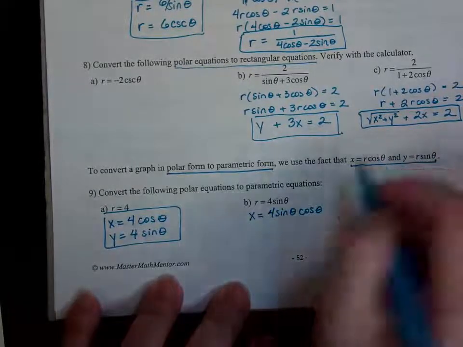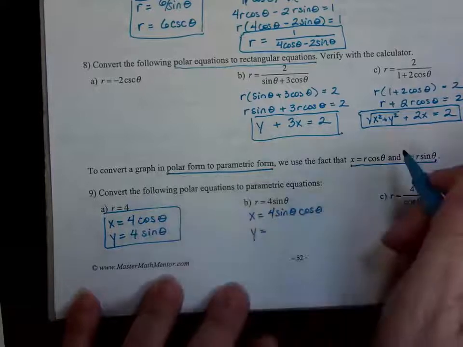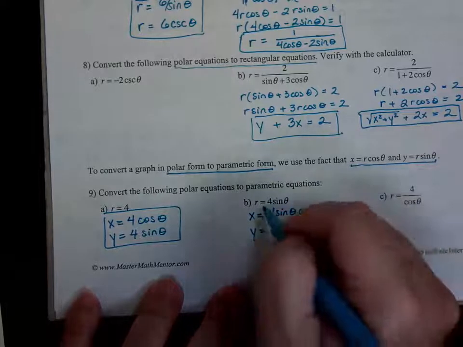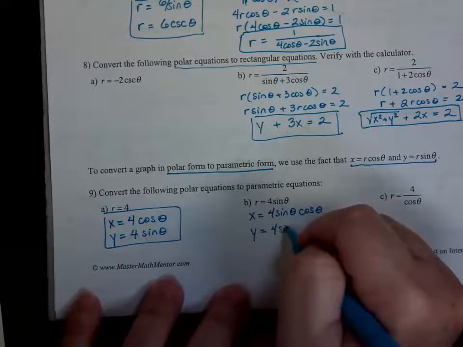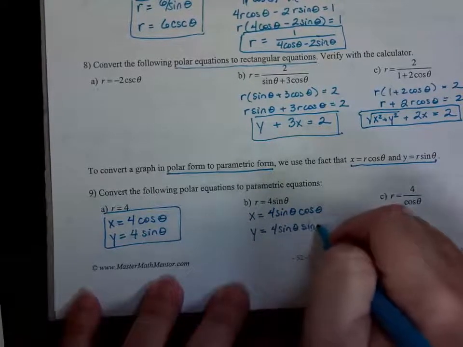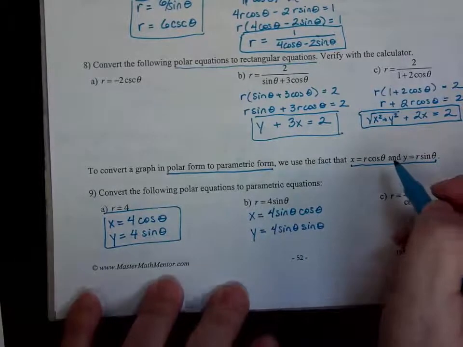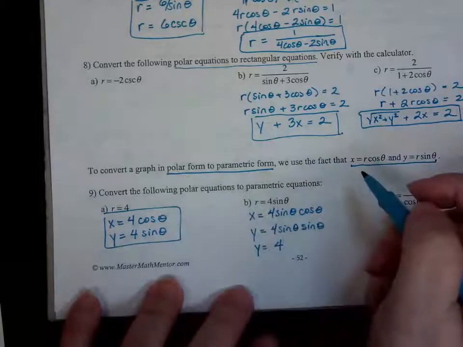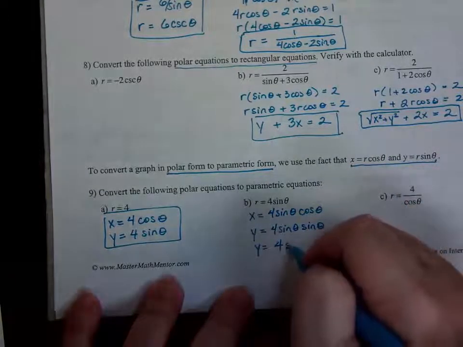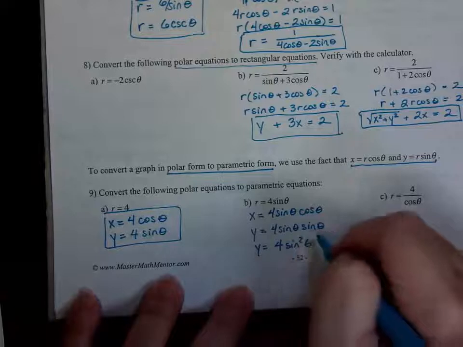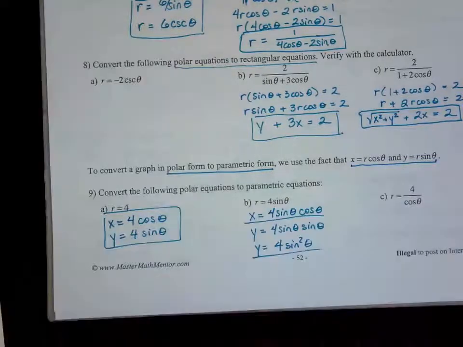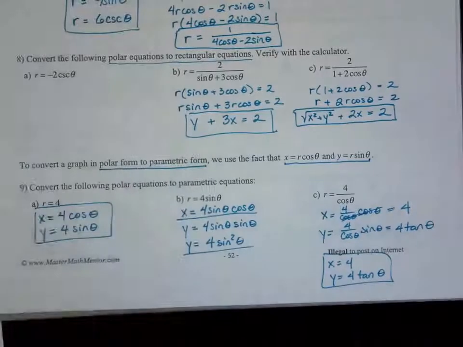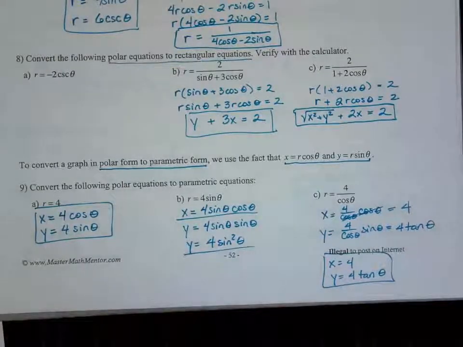And y usually equals r sine theta, but r is this, so we write 4 sine theta sine theta, which we can rewrite as 4 times what? Sine squared theta, exactly. So here's my x equation, there's my y equation. Okay, you do the last one. There you go. Any questions?